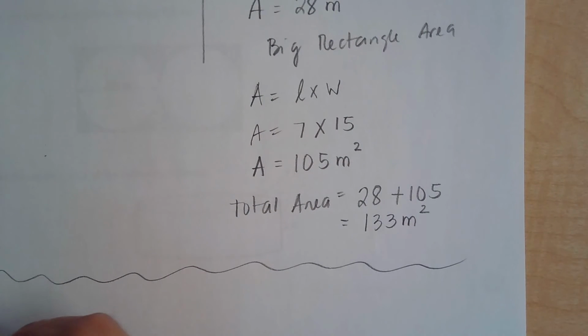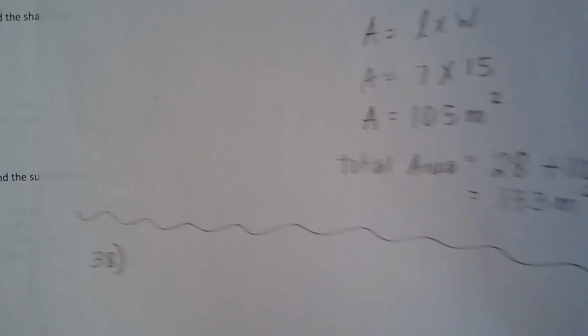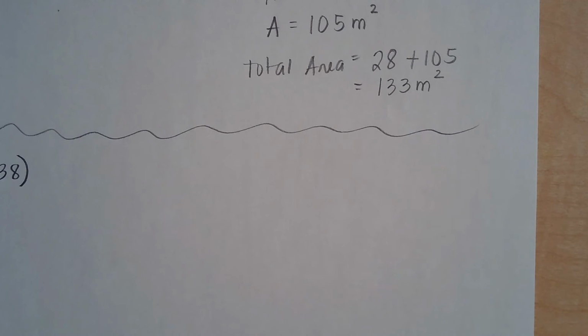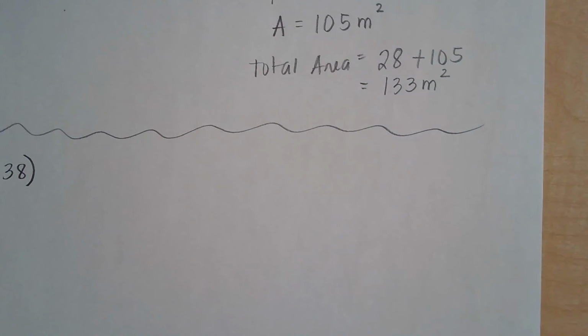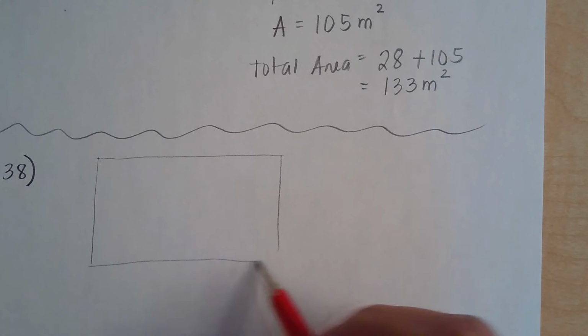We're going to do number 38. Okay, for number 38, it says find the shaded area. We don't have a shaded area formula for that, but what do we know?